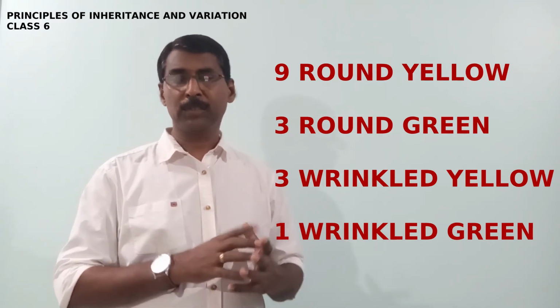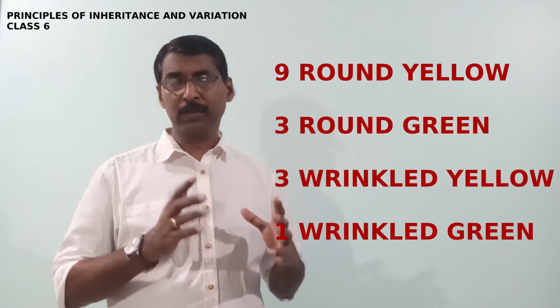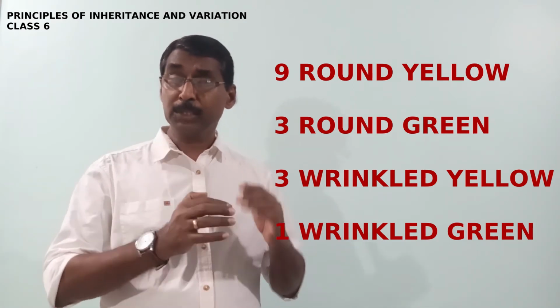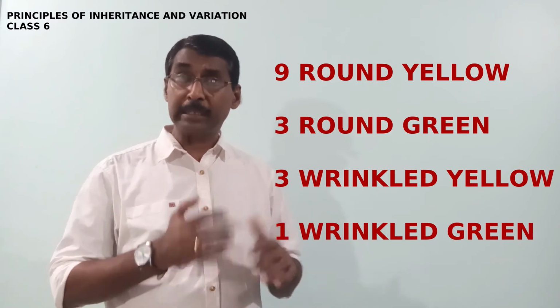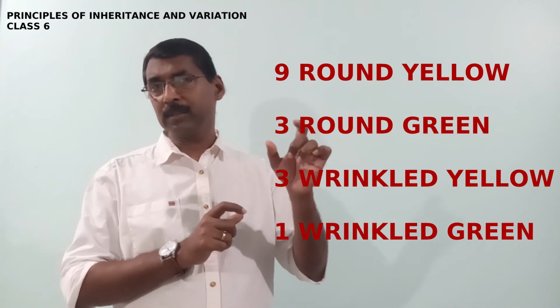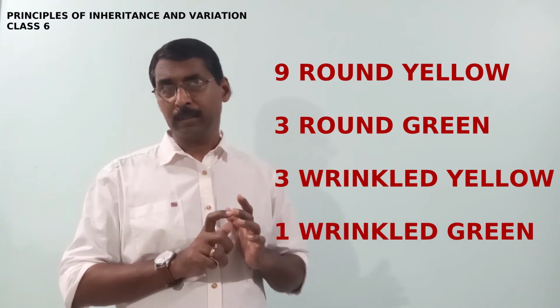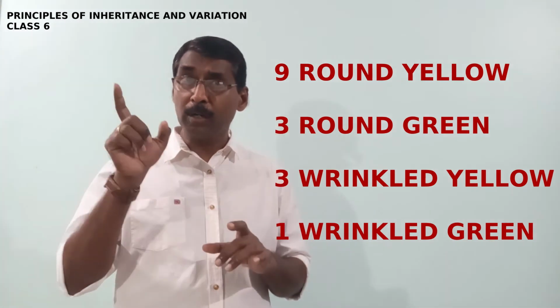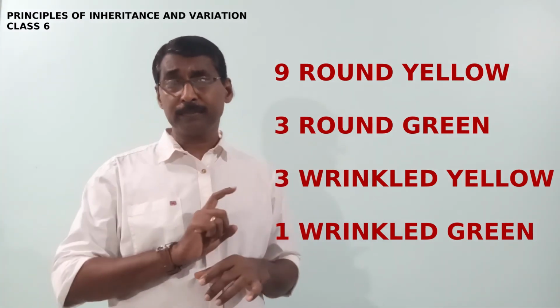This we can understand, because this was what was produced in the monohybrid cross also. When we obtained the 3:1 ratio, 3 plants were tall and 1 plant was dwarf, just like their grandparents, who were tall and dwarf.